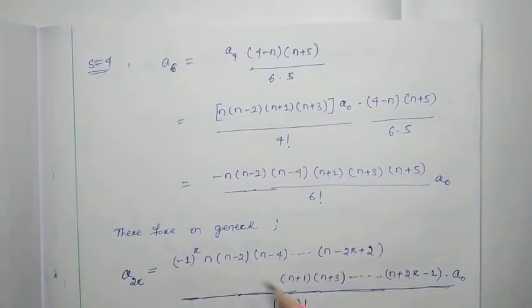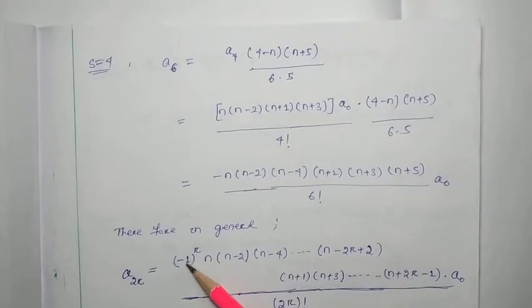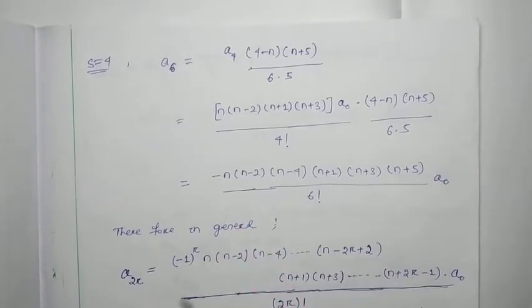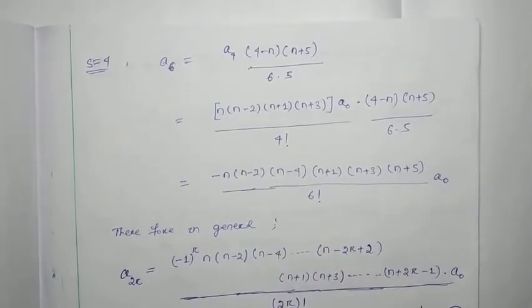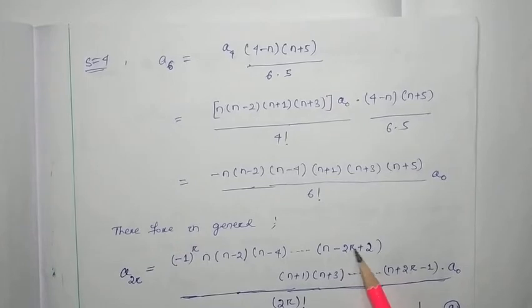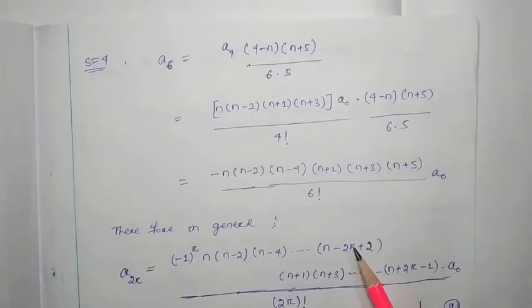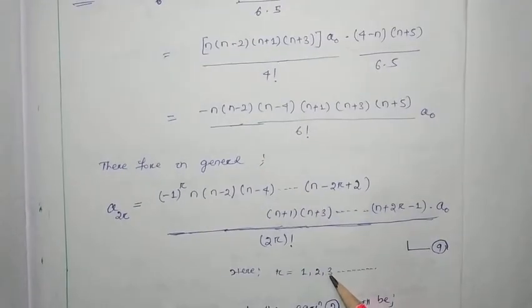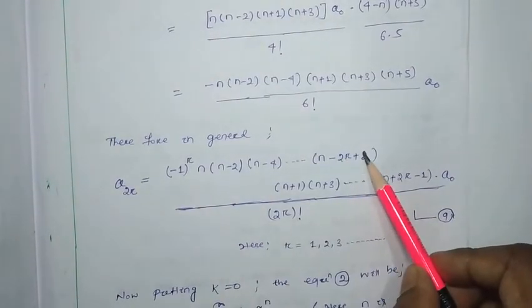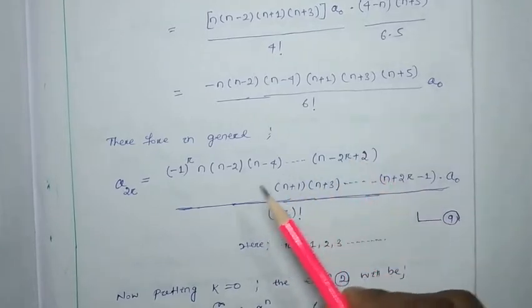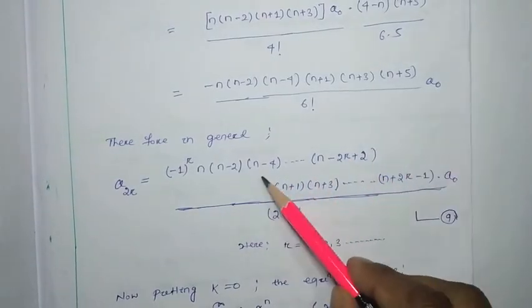So r is 3, so minus 1 to the power 3, minus is there. So n minus 2, n minus 4 up to n minus 2r plus 2. r is considered as 3. So it will be 3 into 2, 6 plus 2 is equal to minus 4. So the value will be up to minus 4.